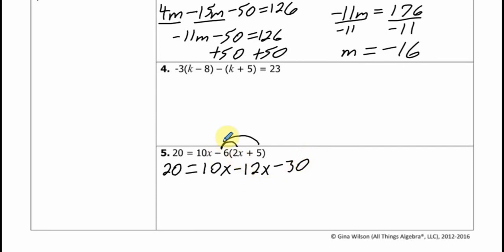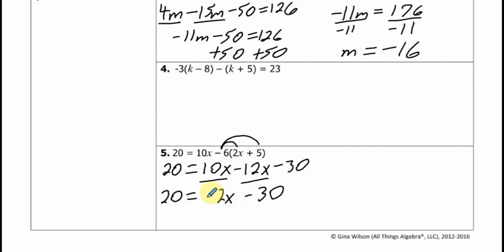All right, so again, step 1, we got rid of parentheses. Step 2, combine like terms. There's nothing to do on the left side. On the right side of the equation, I see two terms with x in it. I'm going to combine those. So I'm going to have 20 equals 10x minus 12x minus 30 on the end.